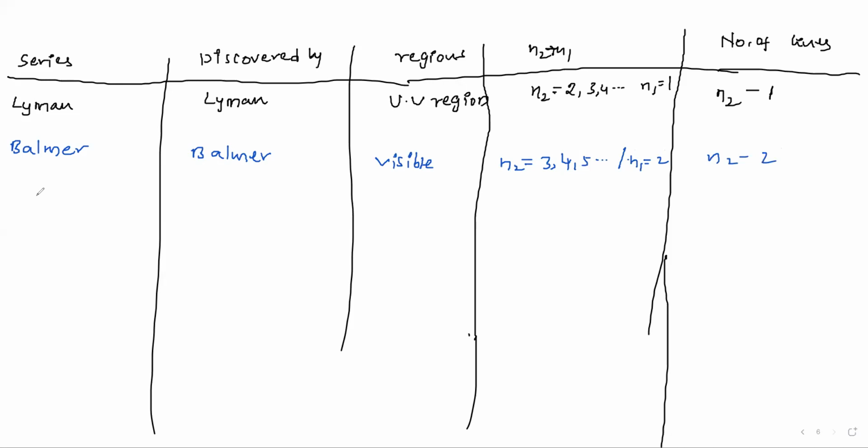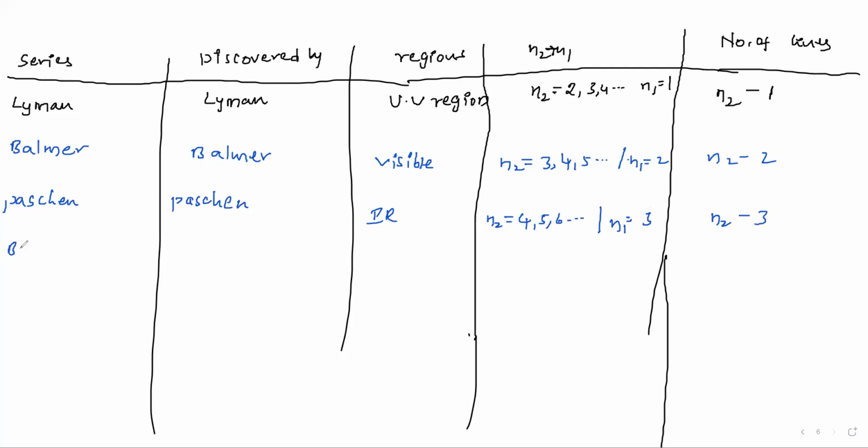Next is the Paschen series, also discovered by Paschen, and this is the infrared, IR, region. Here n2 is 4, 5, 6, etc., and n1 is 3, and the number of lines is n2 minus 3.